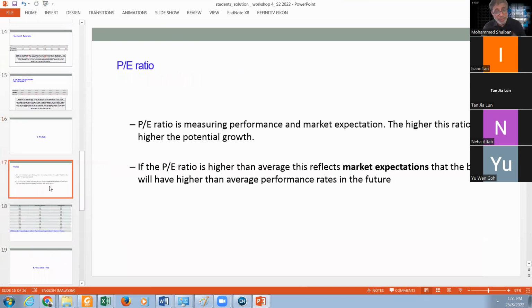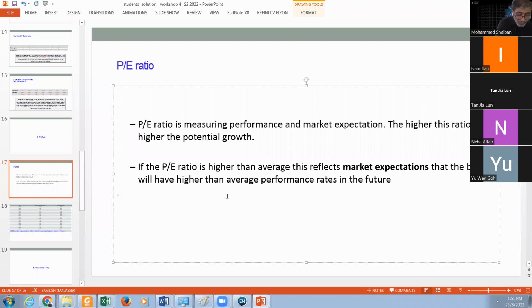Now the PE ratio, I discussed it in the tutorial. I just give you some data here. The PE ratio is the price of the share over the earnings per share.